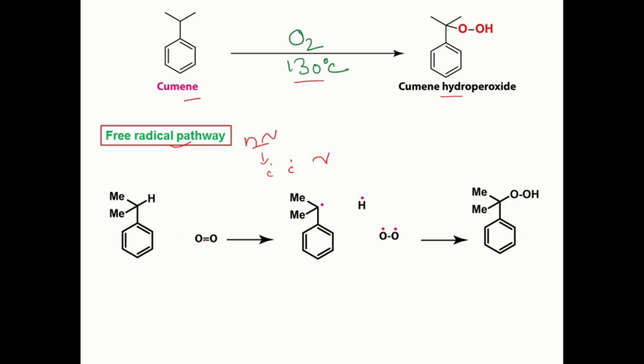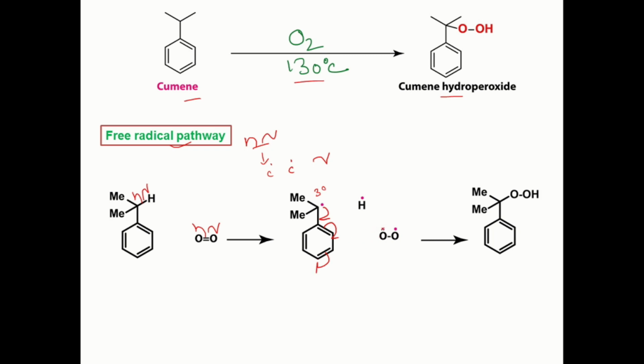Here the oxygen covalent bond is cleaved to form oxygen radicals, and in cumene this C-H bond is cleaved to form cumene radical and hydrogen radical. This cumene radical is a 3 degree radical and it is stabilized through resonance within the benzene.